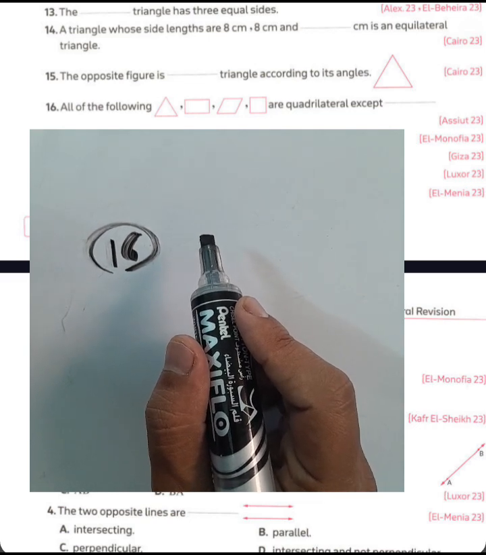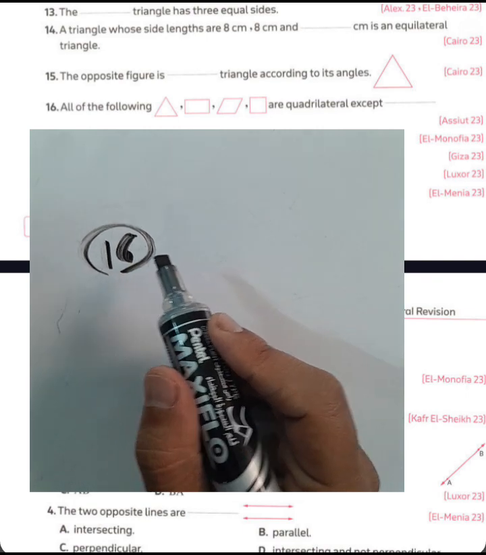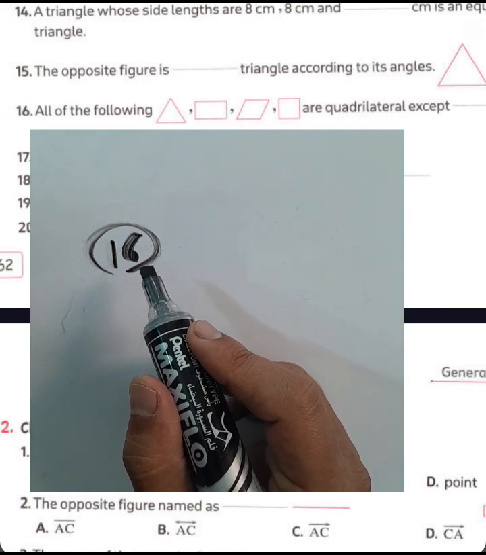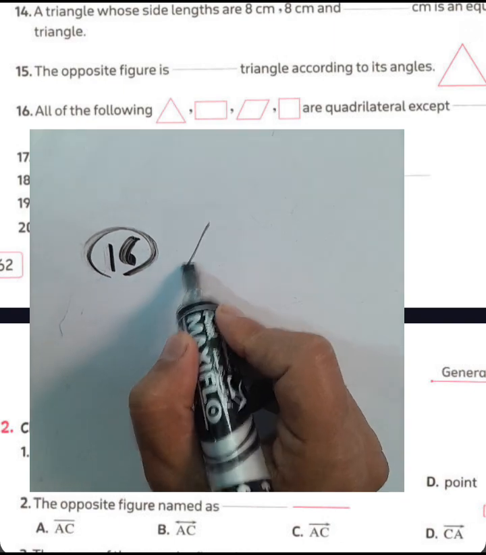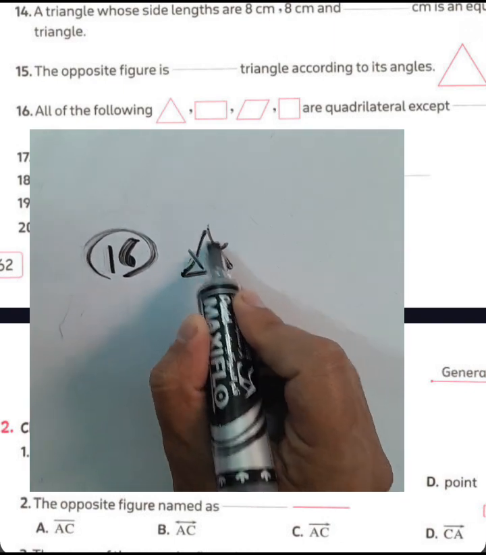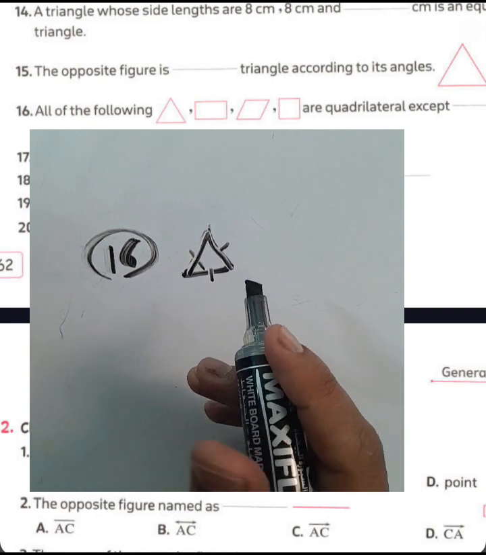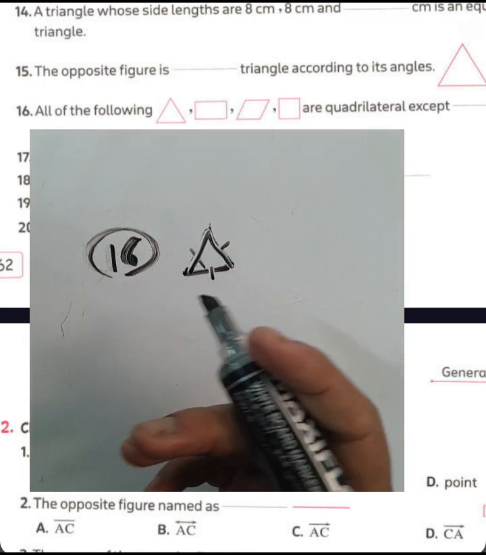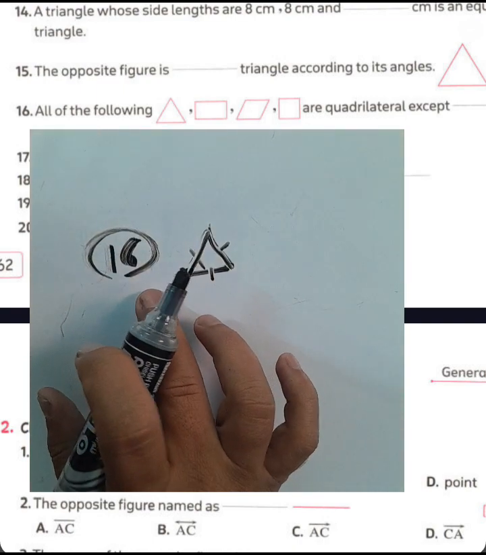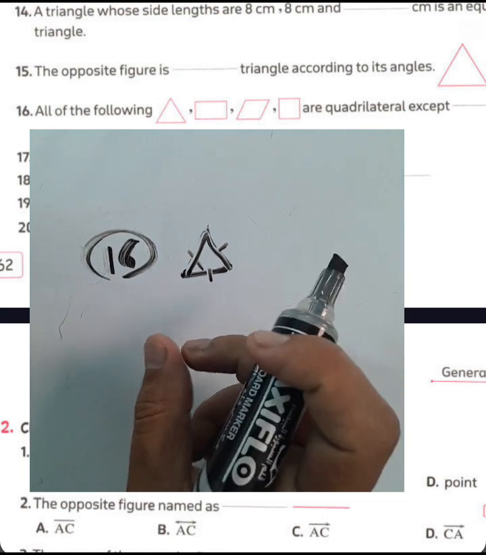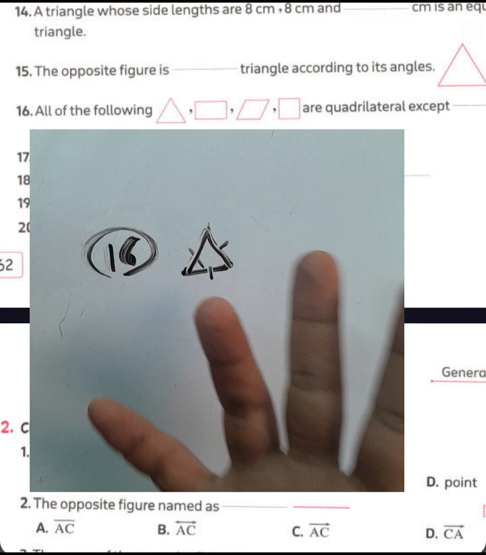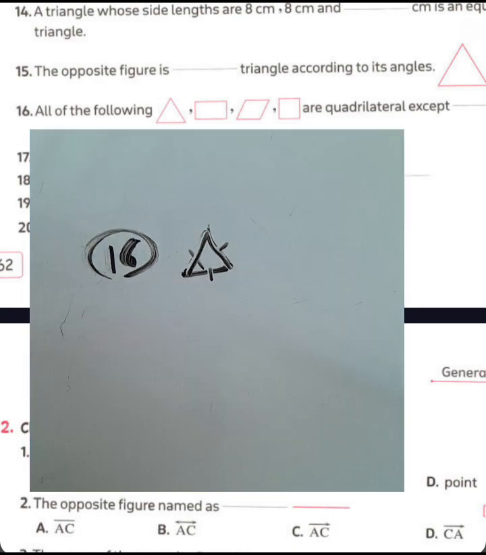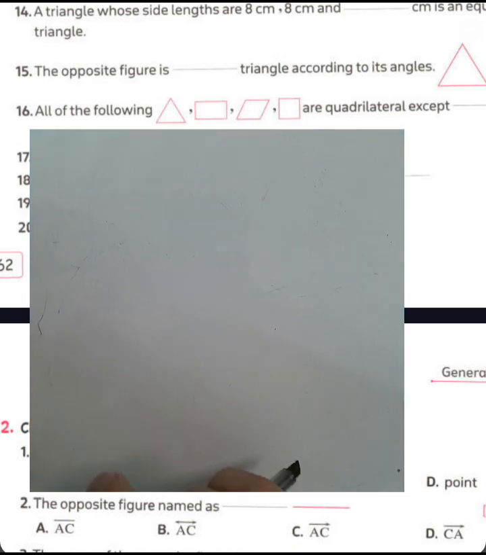A quadrilateral has 4 sides, such as a rhombus, square, rectangle, parallelogram. The triangle has 3 sides only, so the triangle is not a quadrilateral.